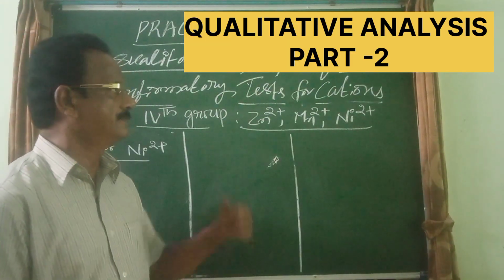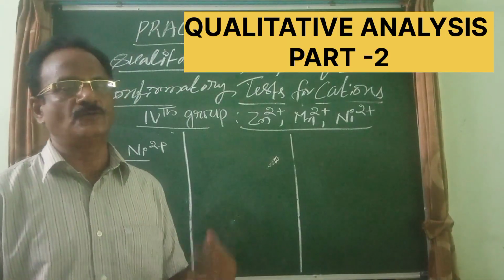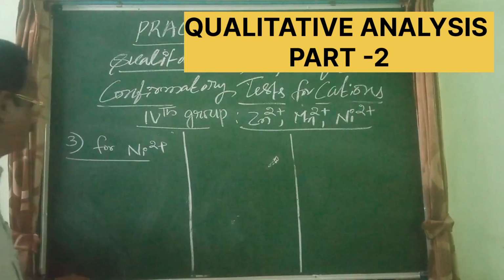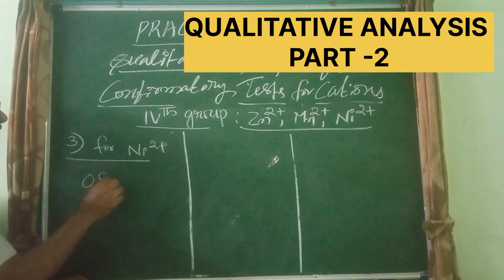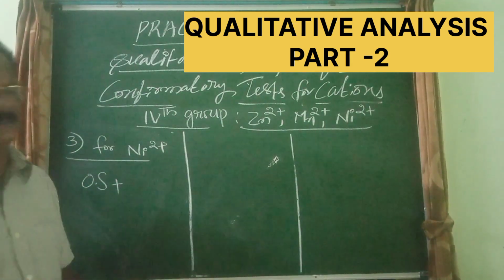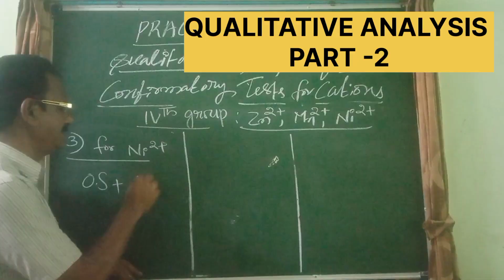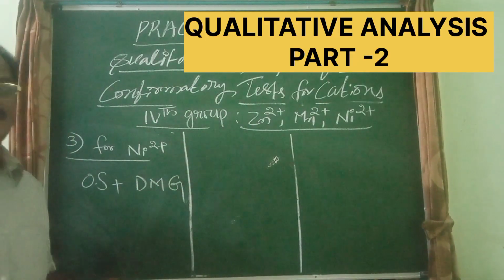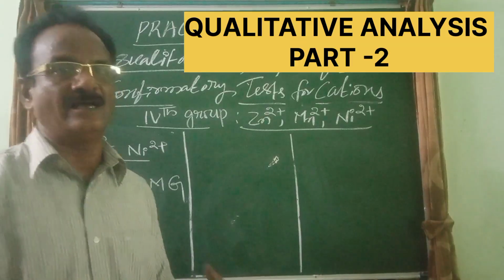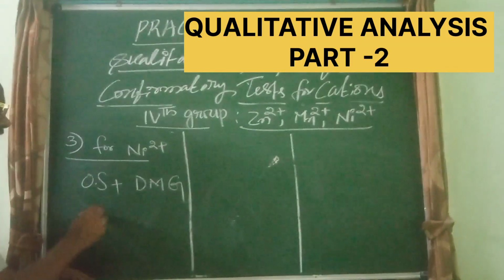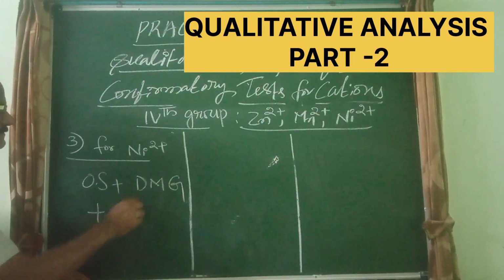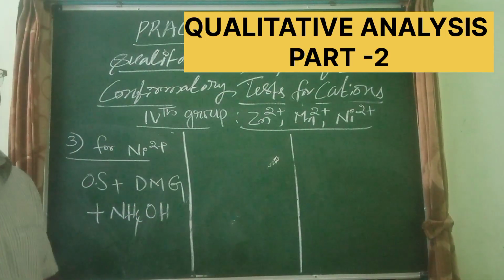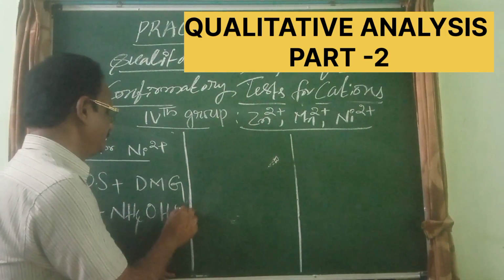Okay, now Ni2+ of fourth group cations. See here, during confirmation of Ni2+, original solution is added with dimethylglyoxime, followed by addition of NH4OH solution.